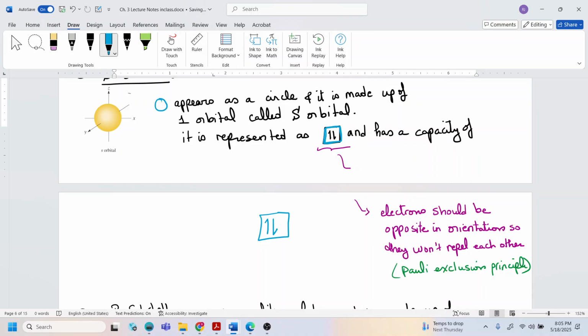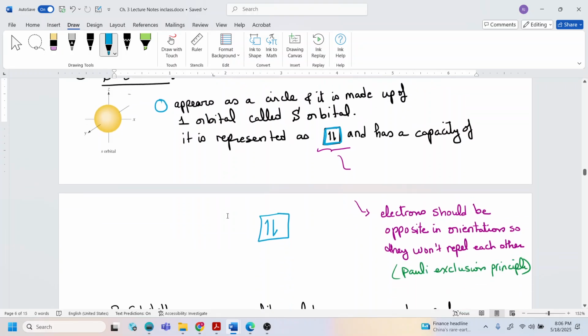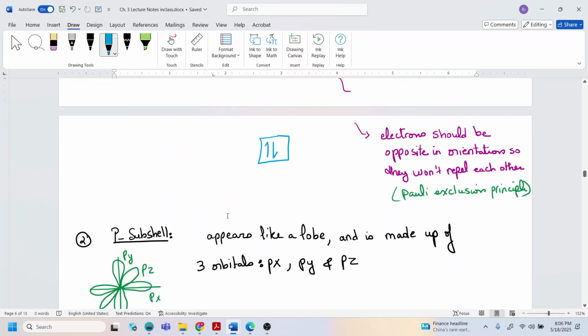So they would not repel each other. They would attract each other and stay in the same orbital. This is called the Pauli exclusion principle. So what is the Pauli exclusion principle? It states the rules for electrons to be in the same orbital. They have to assume opposite orientation so that they will not repel each other. Okay, so this is for the S.